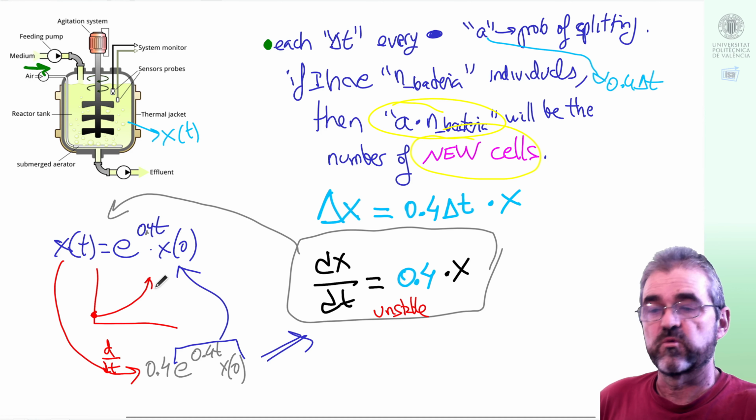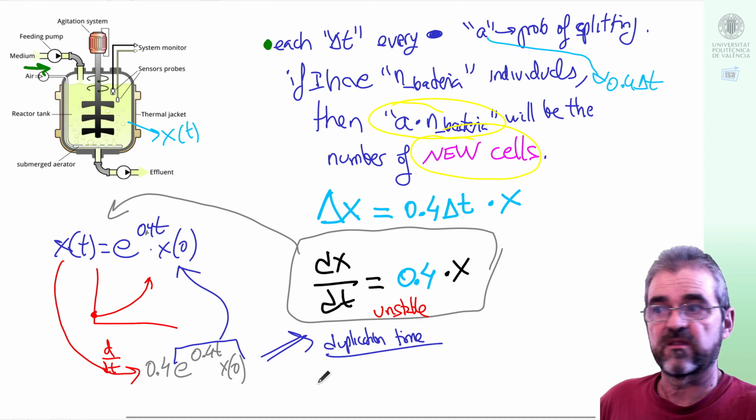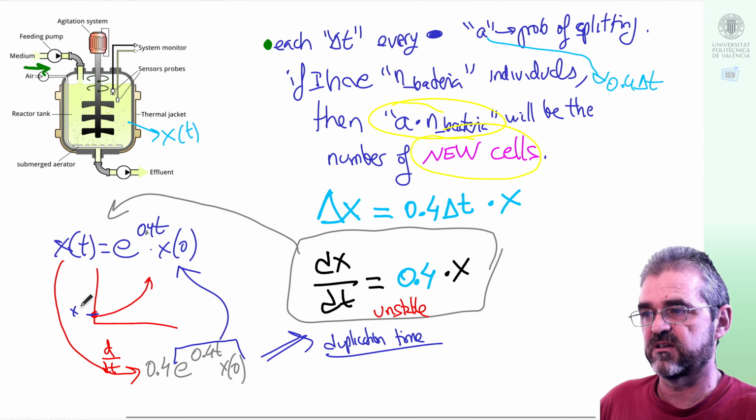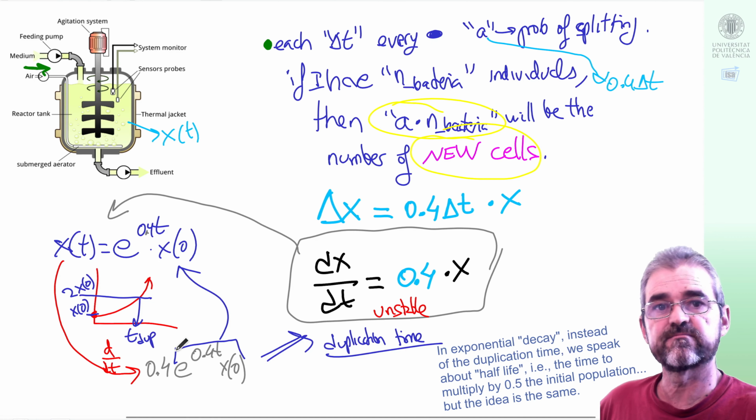And for instance, one parameter of interest in unstable systems is the so-called duplication time, which is the time it takes for the population, if this is x0, to reach 2x0. This is duplication time.